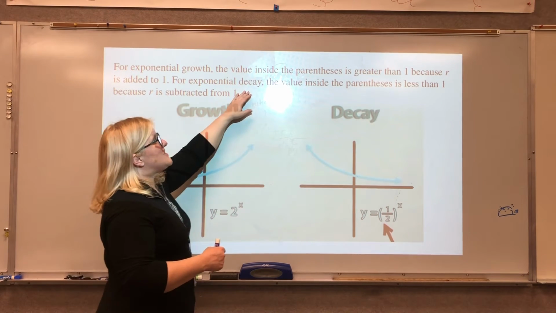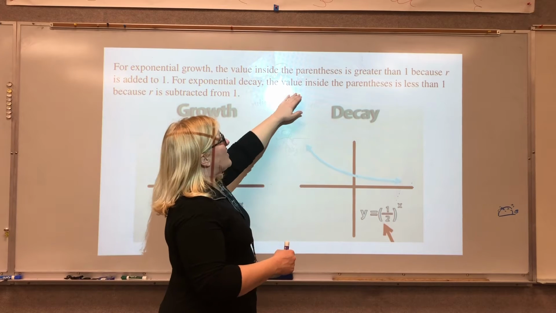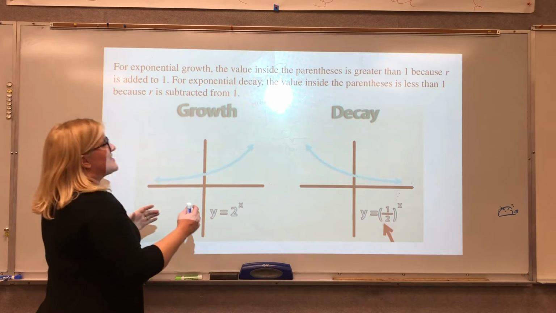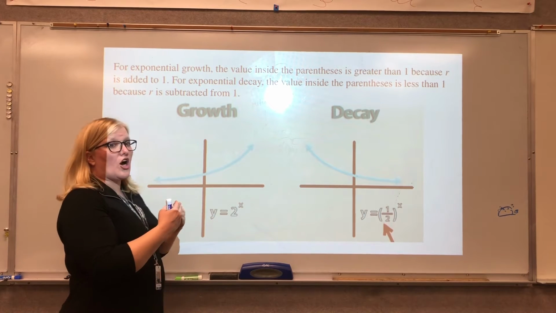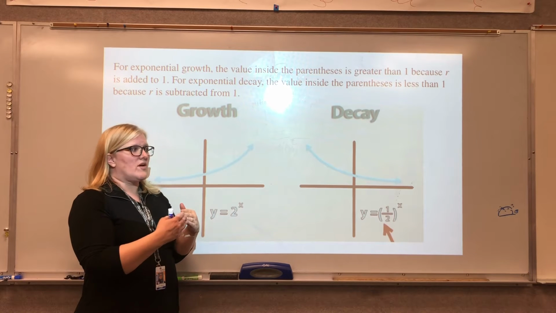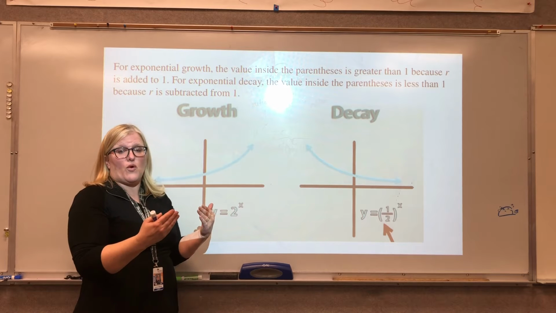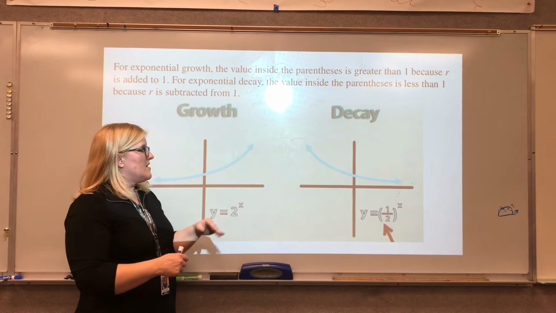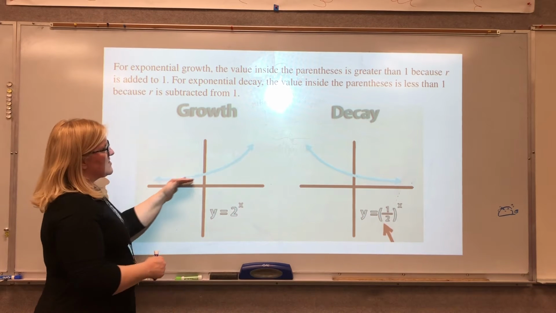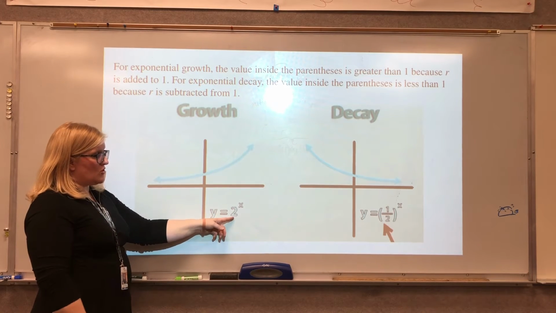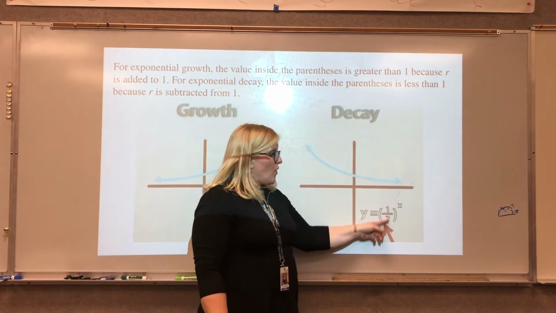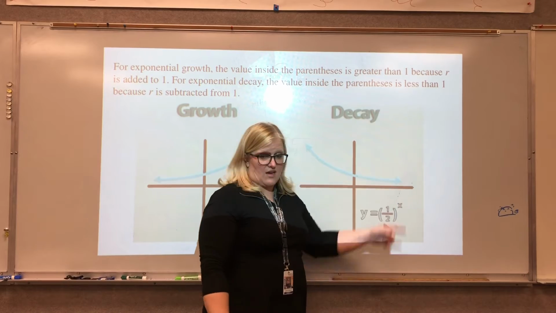For exponential decay, the value inside the parentheses is less than 1 because r is subtracted from 1. So if I have 8%, 1 minus 8% is 0.92. So it will always be that way. So this, again, is an example of growth. This would be 2 to the x power. Here's 1/2, so it comes down like this.